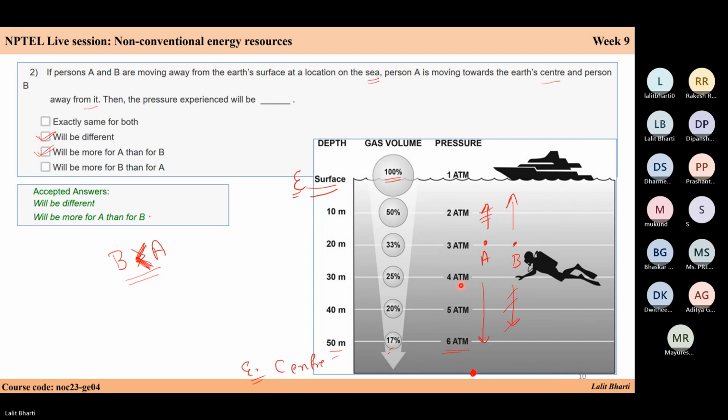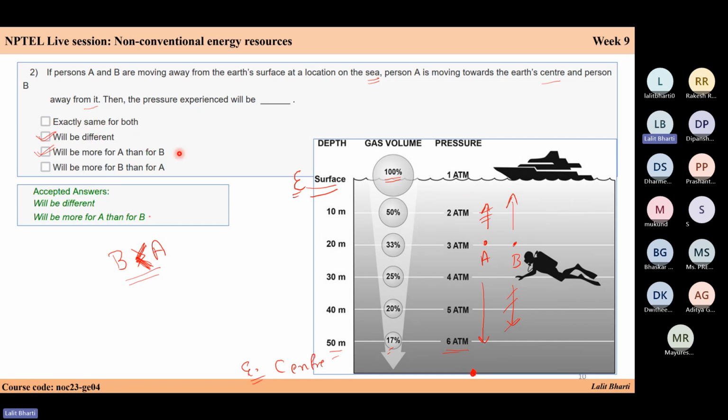So it is clear that if A is going downwards, he will face more pressure, and if B is going upwards, he will face the change, and the pressure will be getting lower with height. So the option that it is exactly the same for both is not correct.